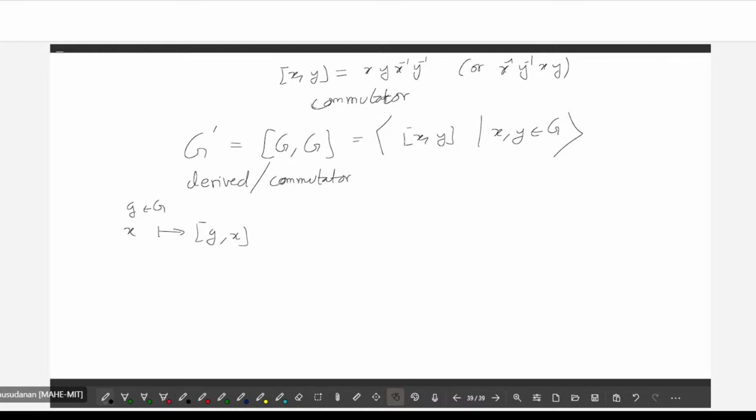It's called a derivation on G. It's called derivation because it's something like the product rule of differentiation. Anyway, this is called the derived or commutator subgroup.